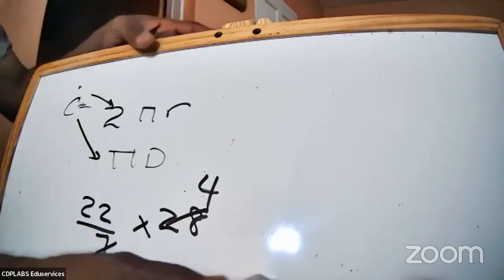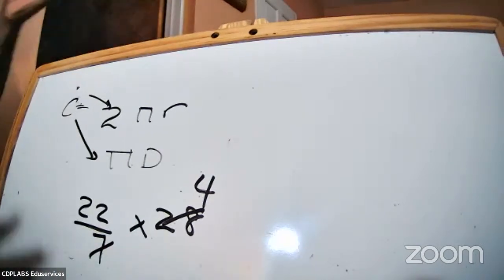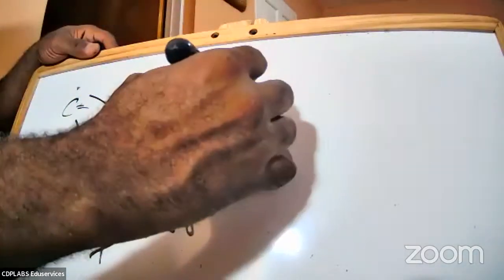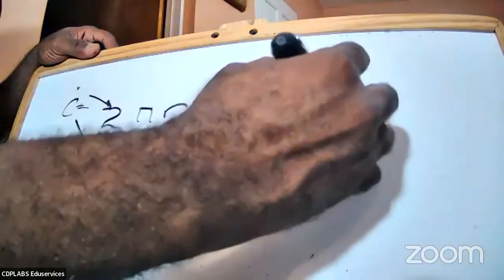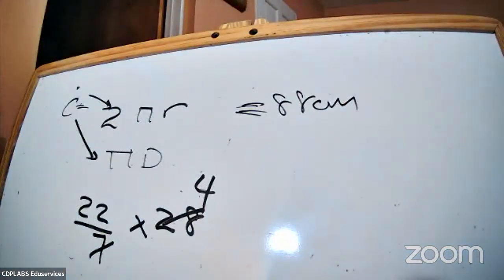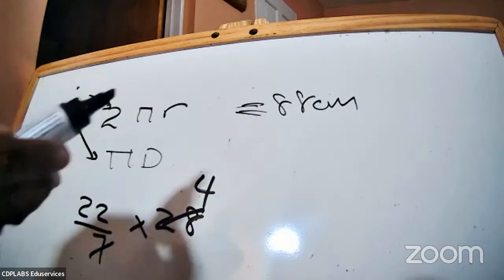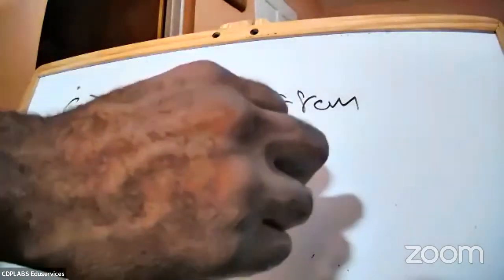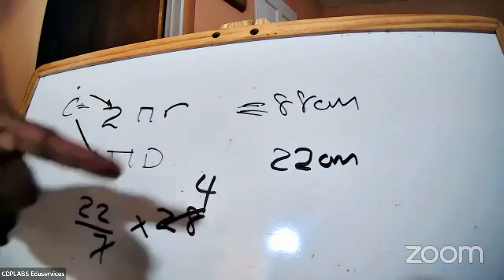So this is it, 88. Now we're going to find a quarter of 88, which is basically 22. So 22 is the length of the arc. That's the arc length, but it's not the perimeter.